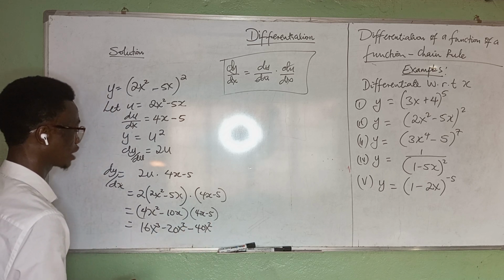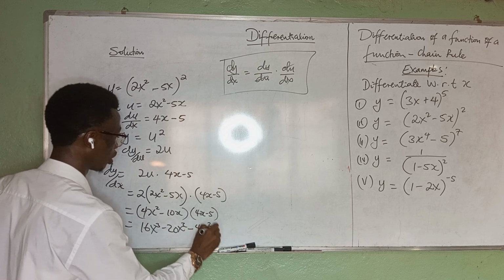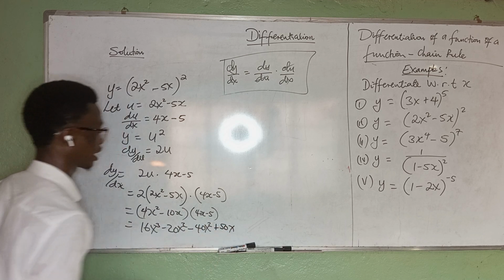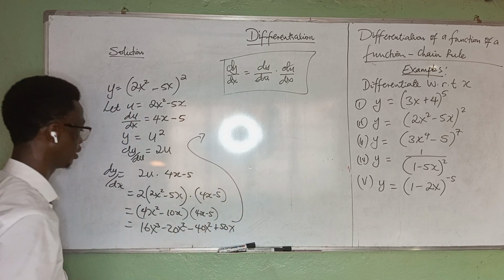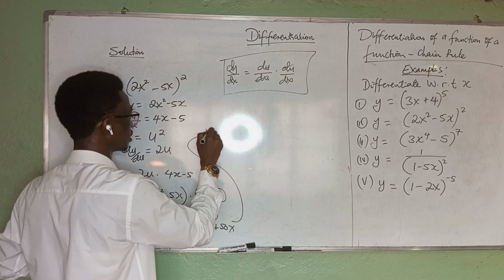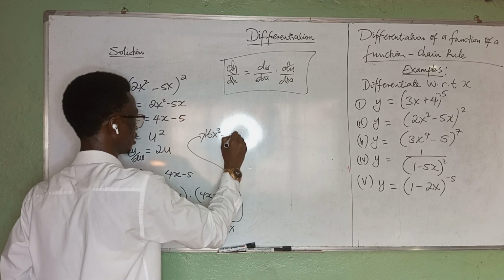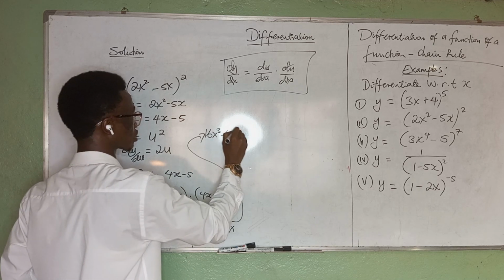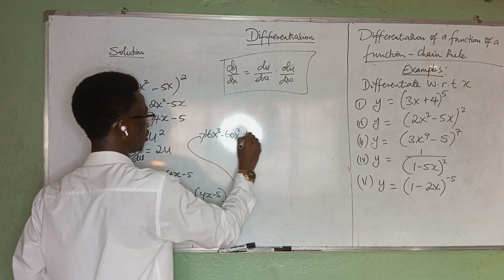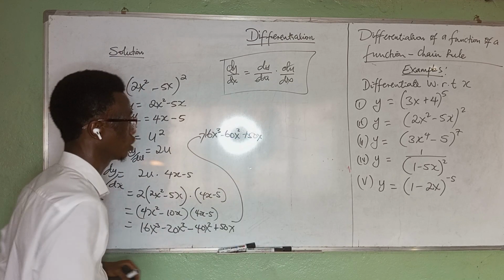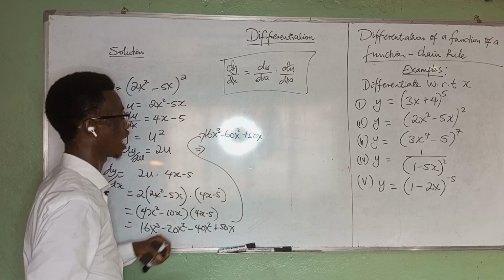Then in the last one, this and this gives you plus 50x. So this is going to be 16x cubed, this and this gives you minus 60x squared plus 50x, which of course you can leave as your answer.